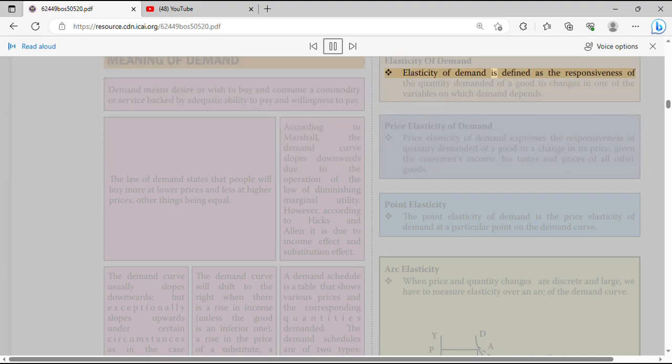Elasticity of demand is defined as the responsiveness of the quantity demanded of a good to changes in one of the variables on which demand depends. Point elasticity: the point elasticity of demand is the price elasticity of demand at a particular point on the demand curve.